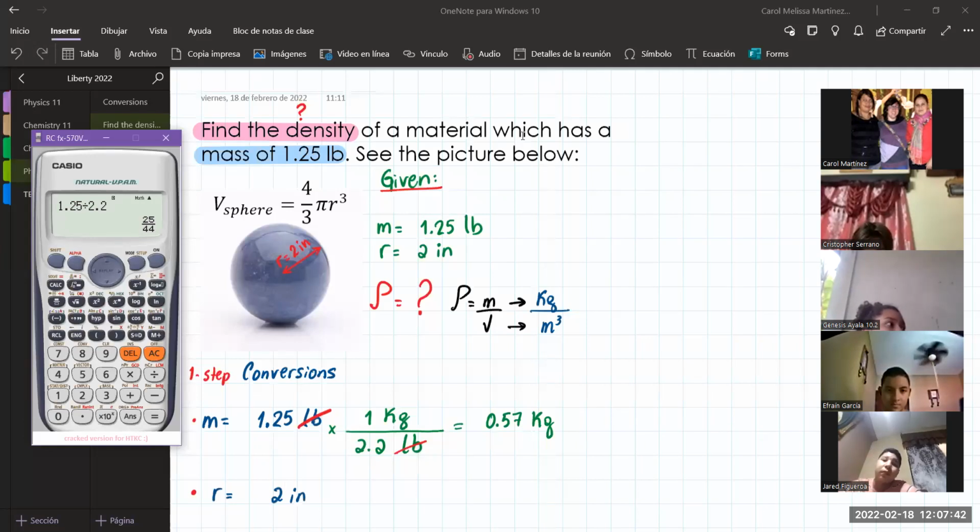What is the conversion factor between inches and meters? 1 meter is 39.37 inches. Make sure your inches are on opposite sides so they can be cancelled.